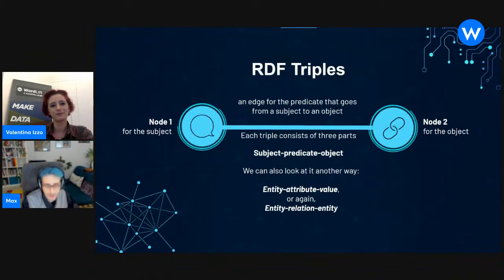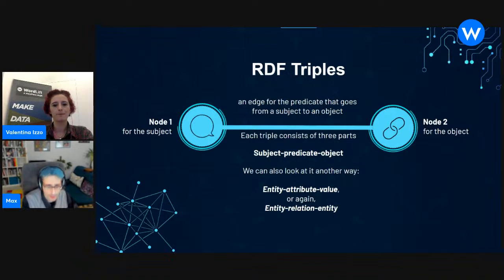Each triple consists of 3 parts. One part is the node, which represents the subject. The edge, or arc, is also called this way, is the predicate that goes from the subject to the second node, which is the object.